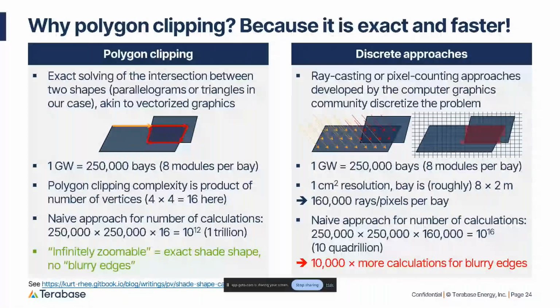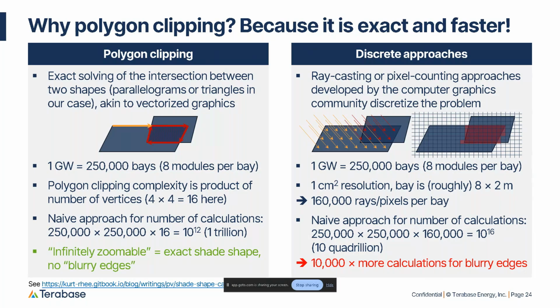So yeah, we're going to lift a little bit the hood on what is in this shade engine, transposition engine, terrain-aware backtracking engine. And the first question is how does it really work? The algorithm we have chosen for the shade engine is polygon clipping. When you start looking into how to do these shade calculations, there are 2 big types of approaches that can be taken.